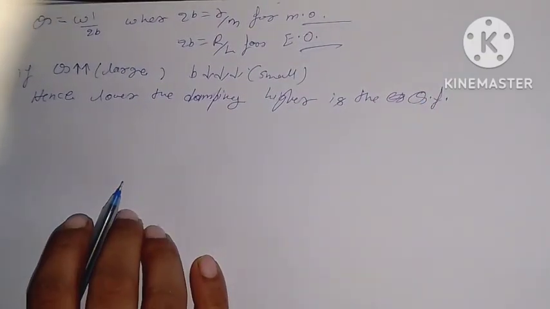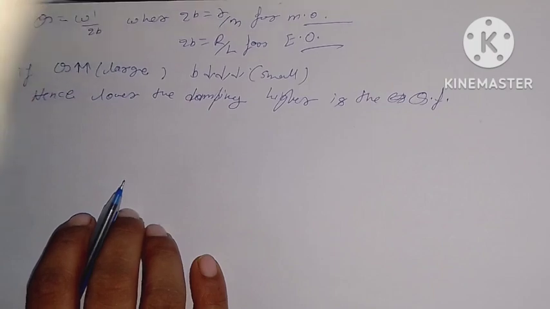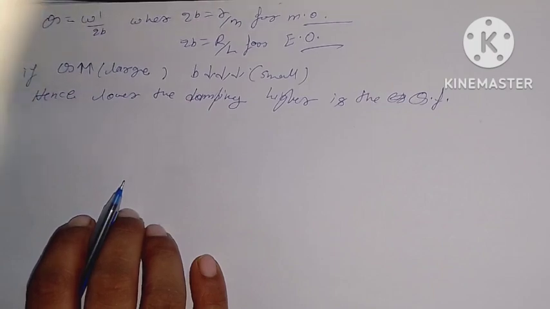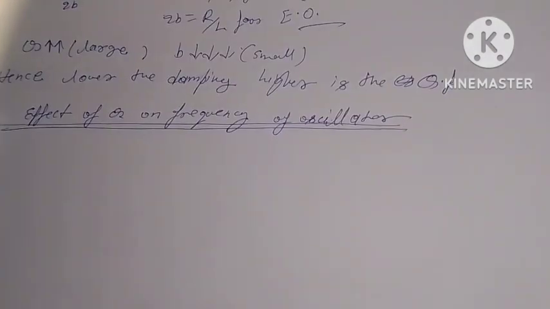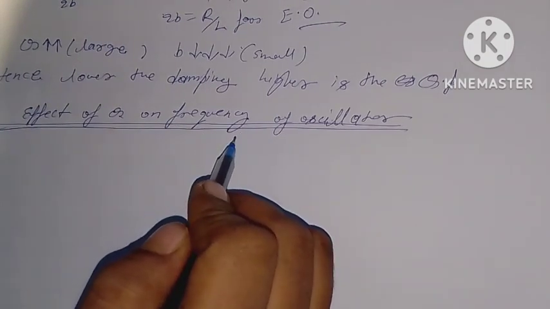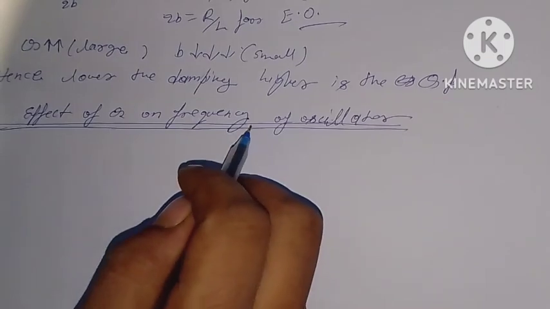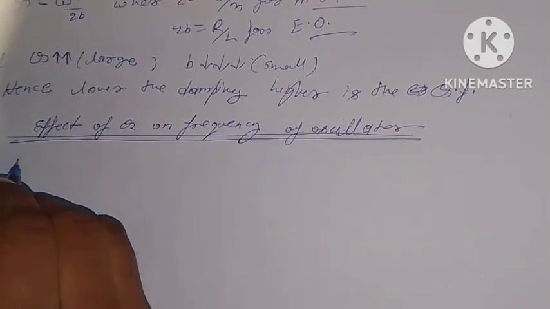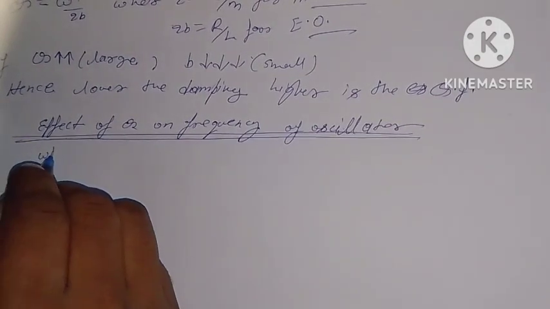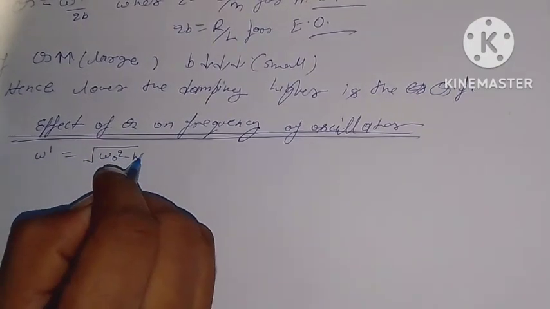Next heading: effect of quality factor on frequency of oscillator. The value of omega dash is given by the square root of omega naught square minus b square.